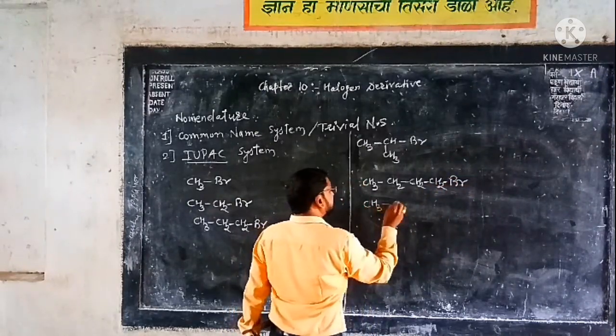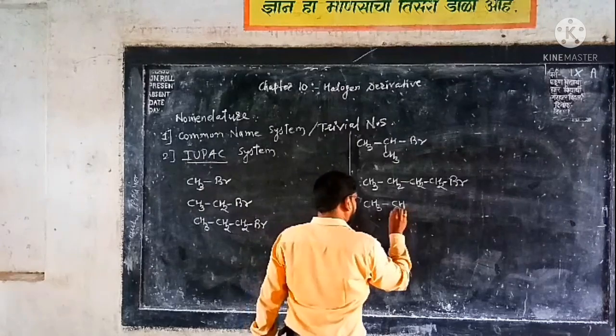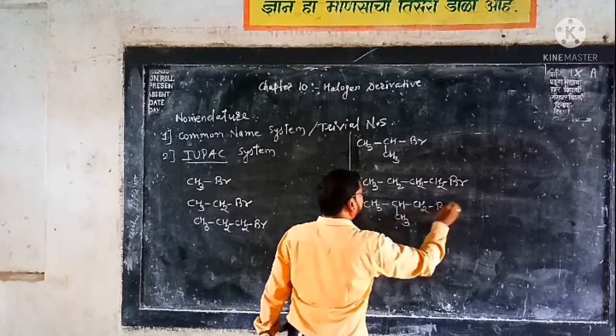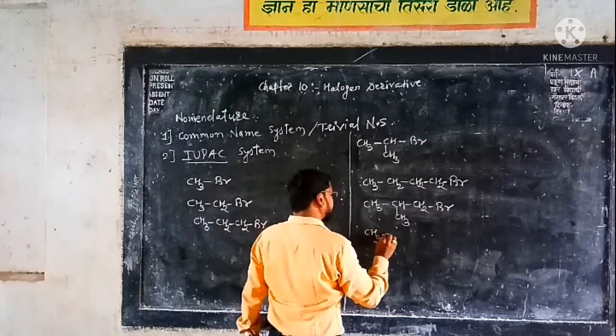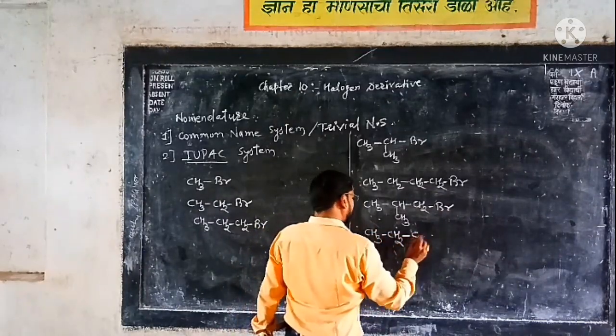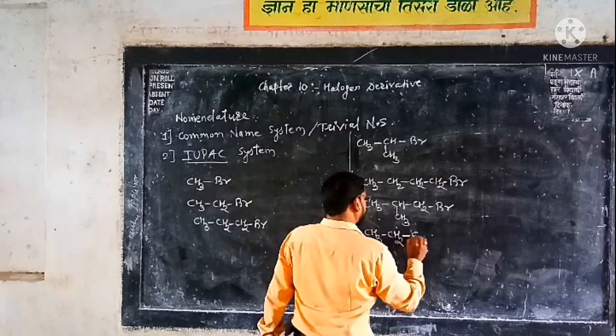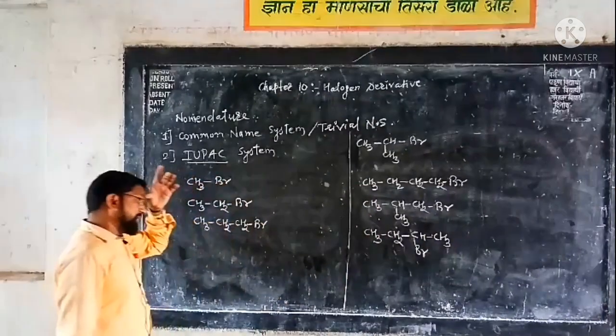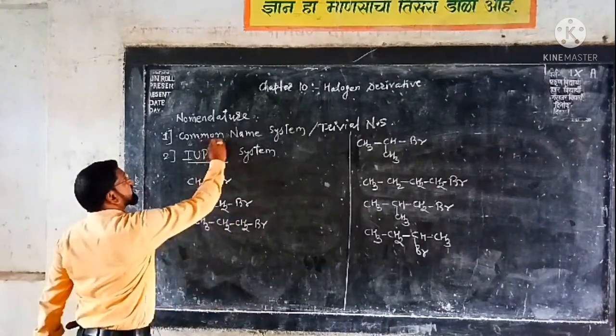Next case CH3CH2CHBrCH3. After that (CH3)3CBr. Now first we write the common name.